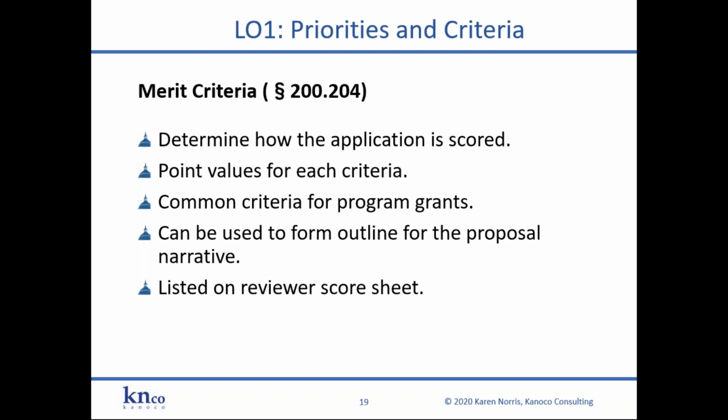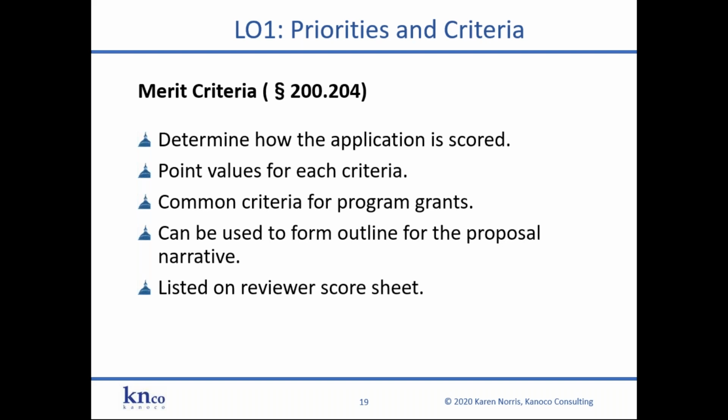The merit criteria for each proposal will be listed in the solicitation guidelines, and that determines how the proposal will be scored. There'll be point values for each criterion. There are maybe half a dozen criteria that are commonly used among different grant programs, but you can have some different criteria from one grant to another. The trick is to find them in the solicitation.